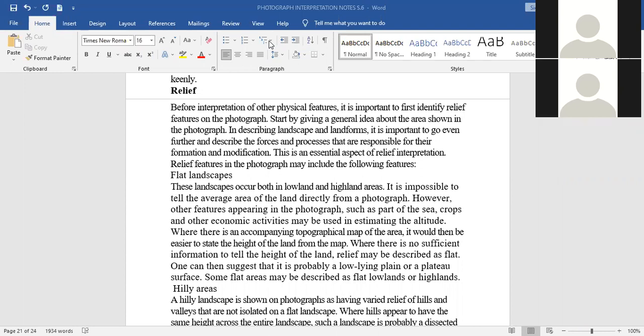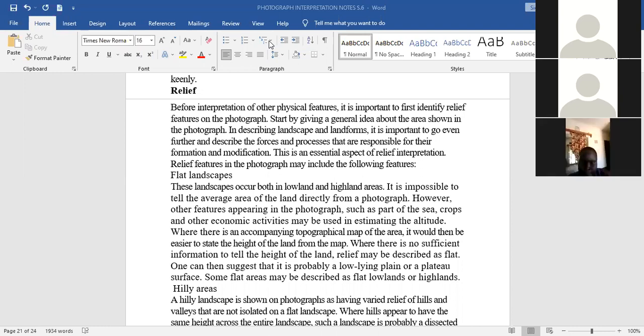I'm going to give you examples. I'm going to give you certain photographs that we have here, and therefore we shall use them in the description of these aspects that we are handling today. So let me try to put it on the screen so that we can be able to see it.